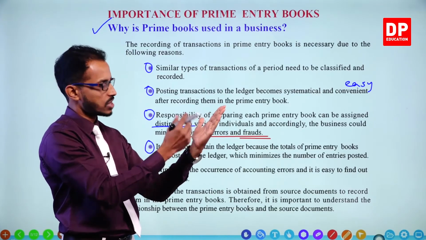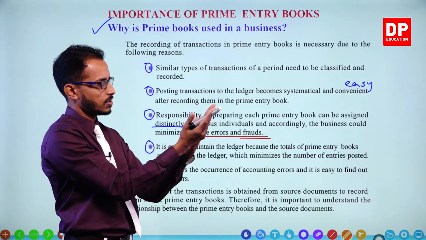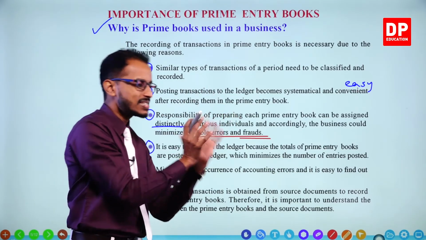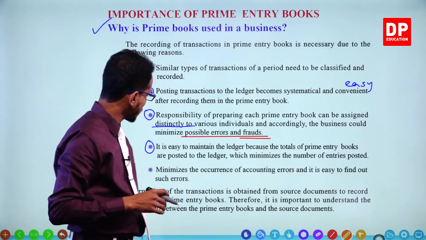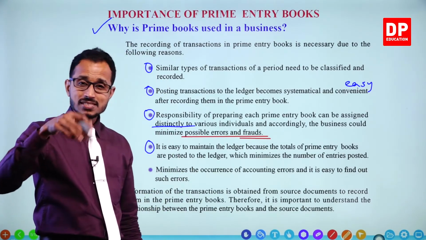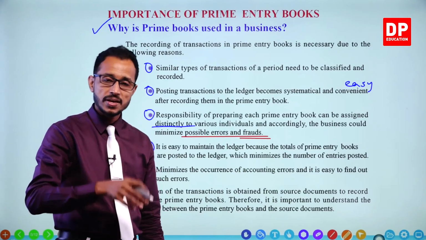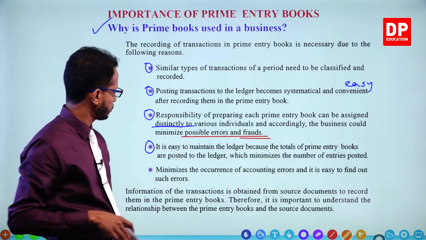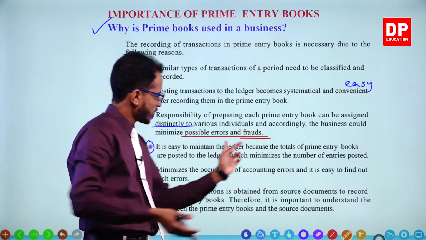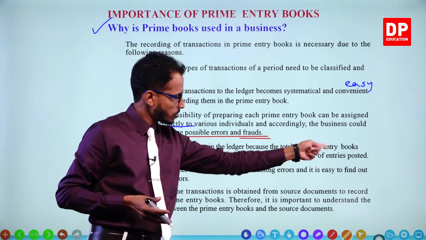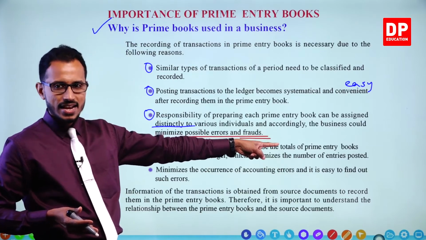You sum up all the prime books, and you take the month end sum to the ledger accounts. That also makes preparing the ledger accounts easier. Right? So it is easy to maintain ledger because the totals of prime entry books are posted to the ledger at the end of a month.